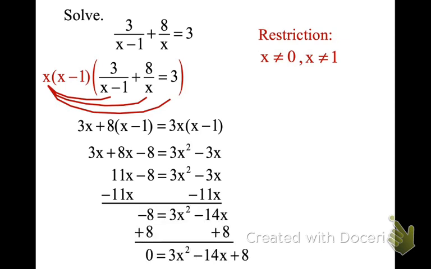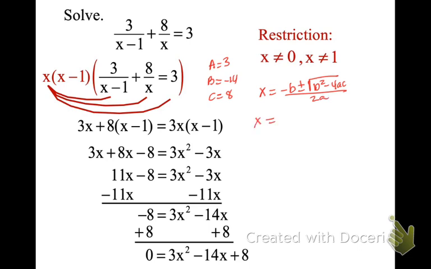Now this is one where I might use my quadratic formula. You can do lead coefficient factoring or quadratic formula. I'm going to use the quadratic. So I'm just going to put it over here. A equals 3, B equals negative 14, and C equals 8. So I'm doing x equals negative b plus or minus the square root of b squared minus 4ac all over 2a.